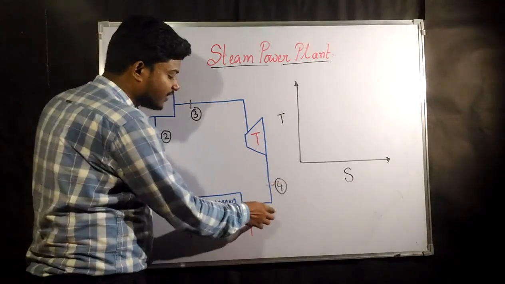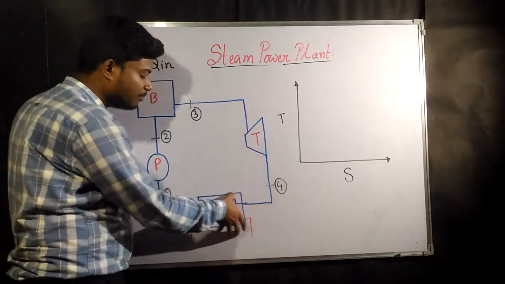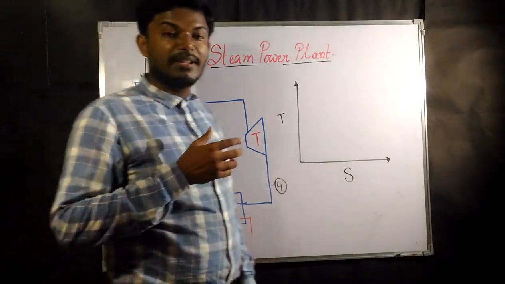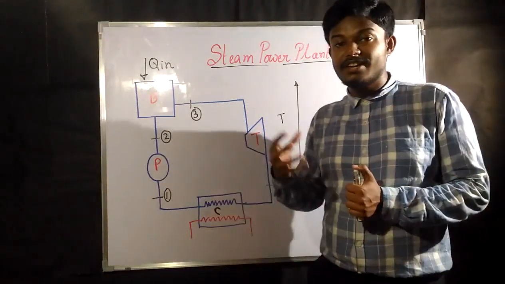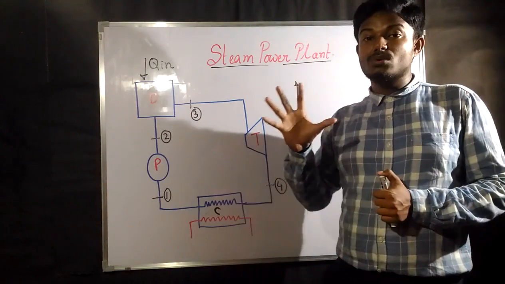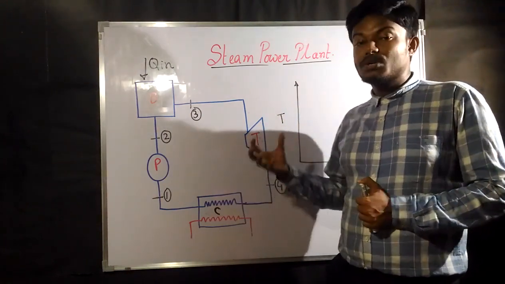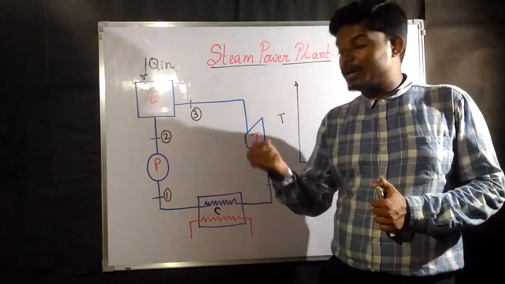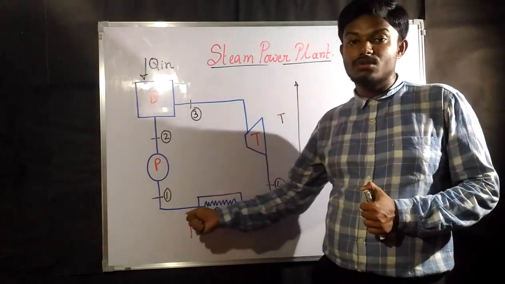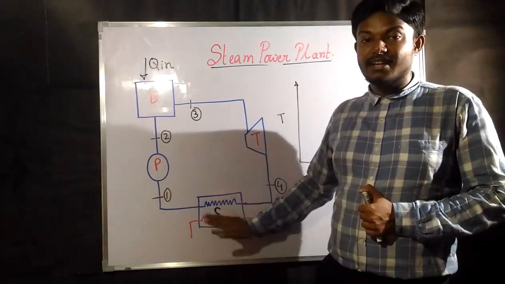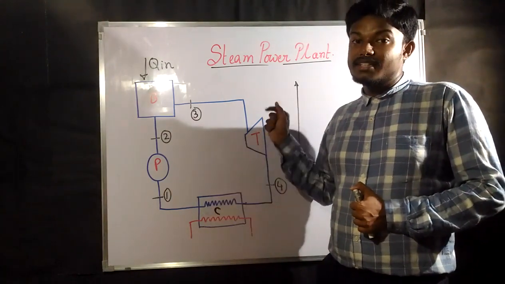After that, whatever is remaining will pass through the condenser. After passing through the condenser, what is going to be there? If the question says the products coming out from the turbine are liquid plus vapor, then whatever vapor part remains is going to be converted into liquid in the condenser. The condenser is going to condense the steam.